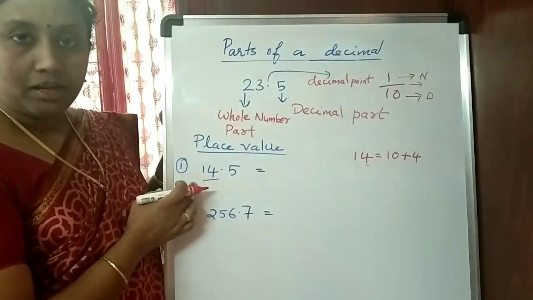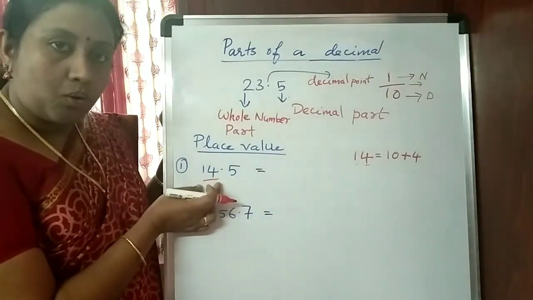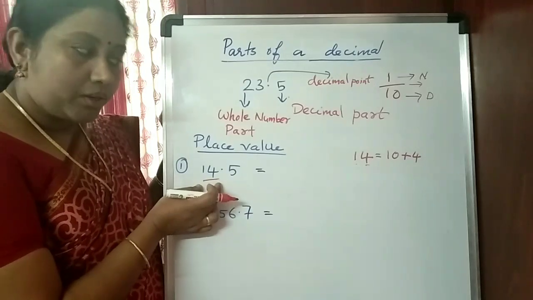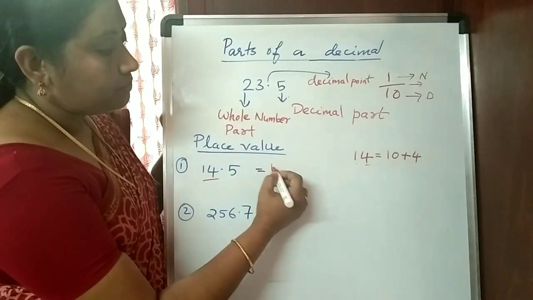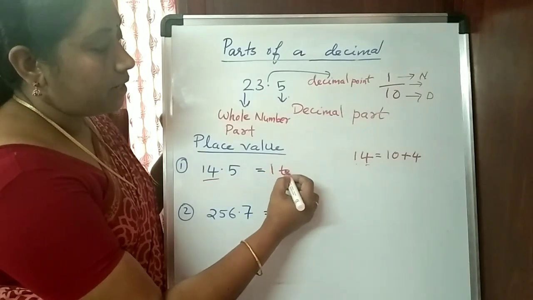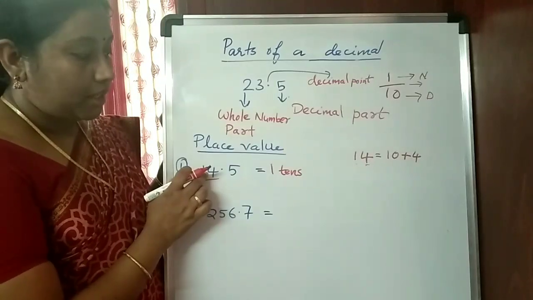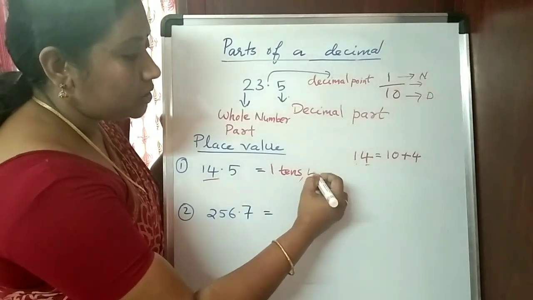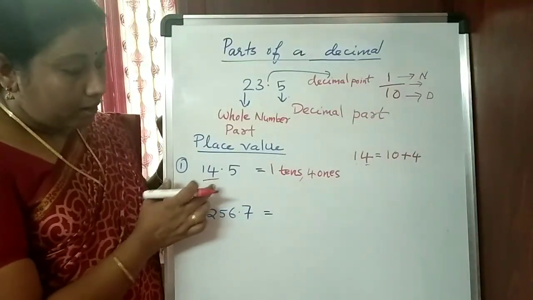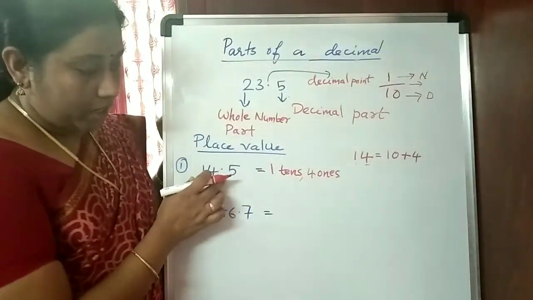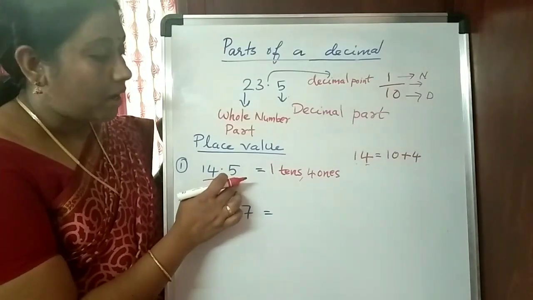The same way, 14.5. Here the whole number part is 14. So what is the expanded form of 14? 1 tens, and how many ones are there? 4 ones. Then there is one decimal point. After the decimal point, this 5 is called decimal part.